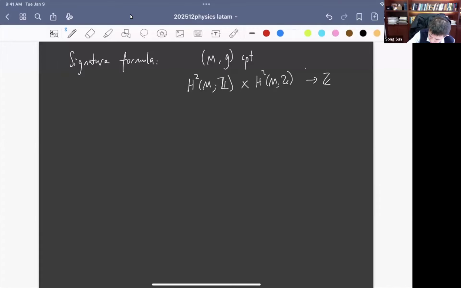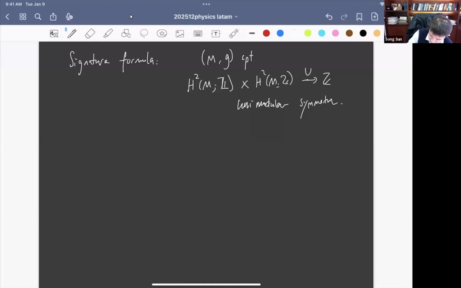This is the cup product, and by Poincare duality, this is a non-degenerate pairing, symmetric pairing, or unimodular, better. If you take R coefficients, then it will be a non-degenerate pairing. So it's a symmetric bilinear form.